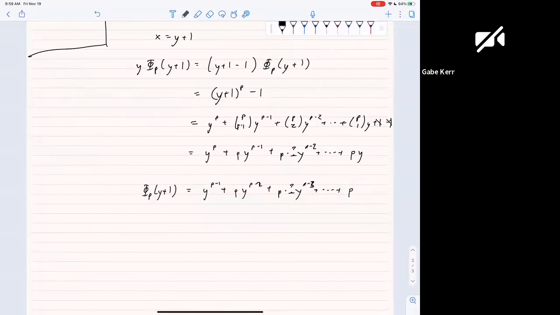And so that tells us, by Eisenstein, that this is an irreducible polynomial in Y. Of course, just a change of variables tells you that it's irreducible in X. If there was a factorization in X, there'd be a factorization in X minus 1.